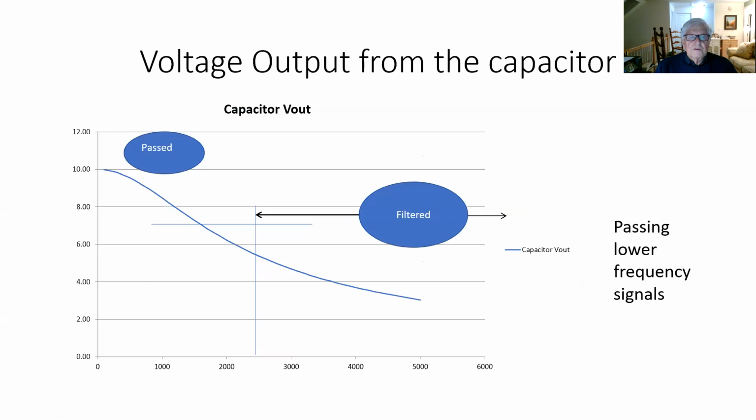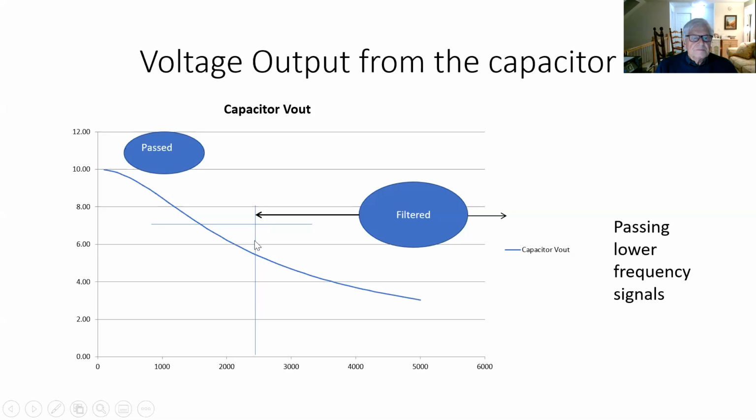So we plot first the output from the capacitor, and we notice that we get high voltages below the frequency FC signal, which is around 2500, 2600.